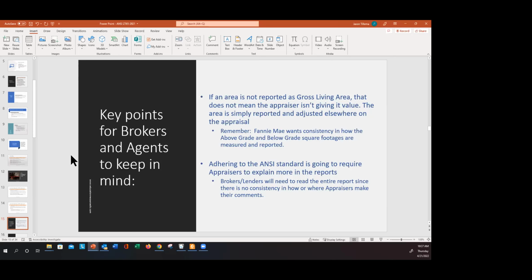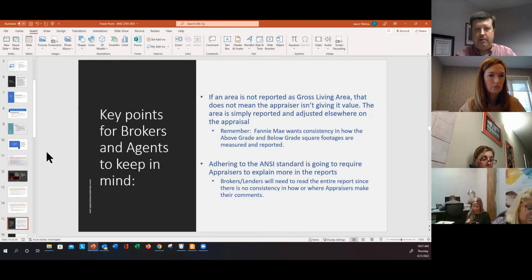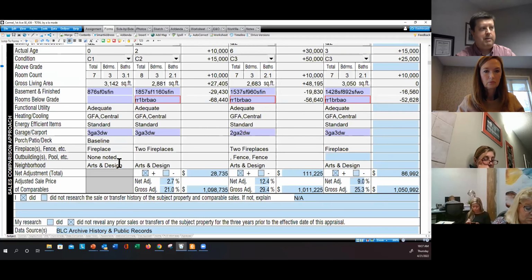And so in my report, I had to explain why 1,400 square feet was not being included in the GLA, but had to be reported somewhere else in my report. And one of the reasons I'm bringing this up, I'm going to show you guys, this is a report I'm actually working on. It's not the one I was looking at on Monday.